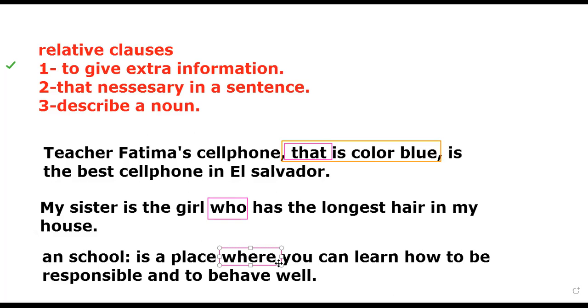For example, if you ask me, teacher, what is the meaning of "got it"? Tú me preguntas qué significa got it, right? Ok, entonces yo bien te puedo responder, got it is a word that is used to say understand.